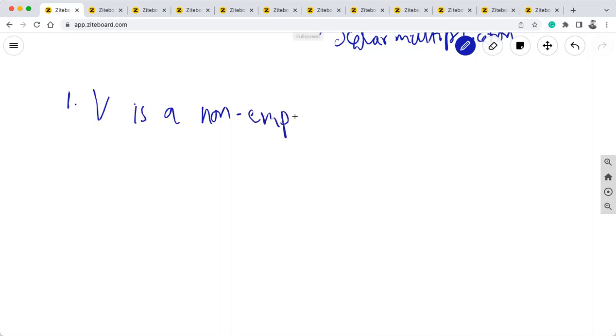That means there should be some elements, a non-empty set of objects, and the objects are called vectors.